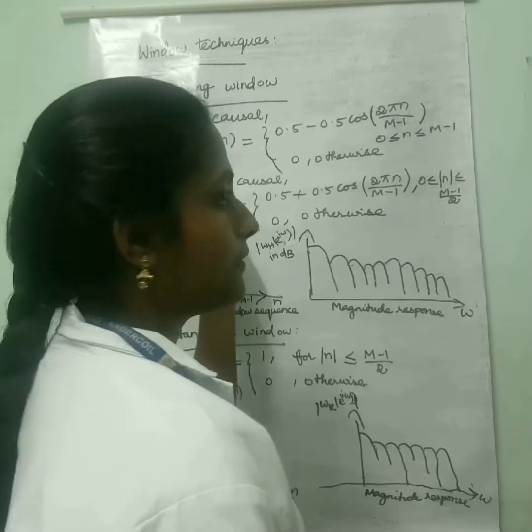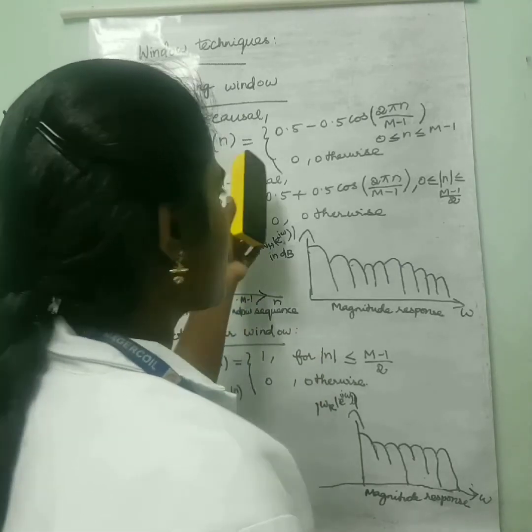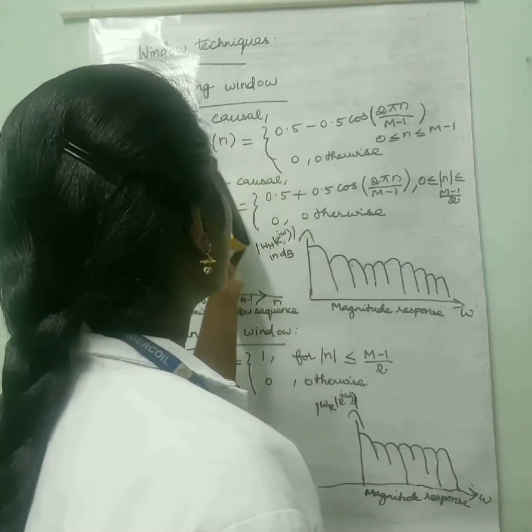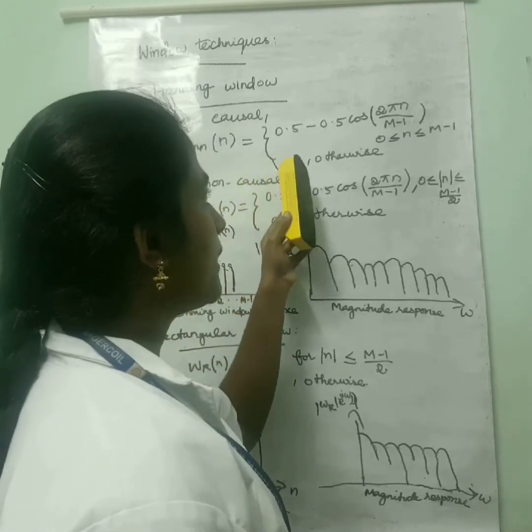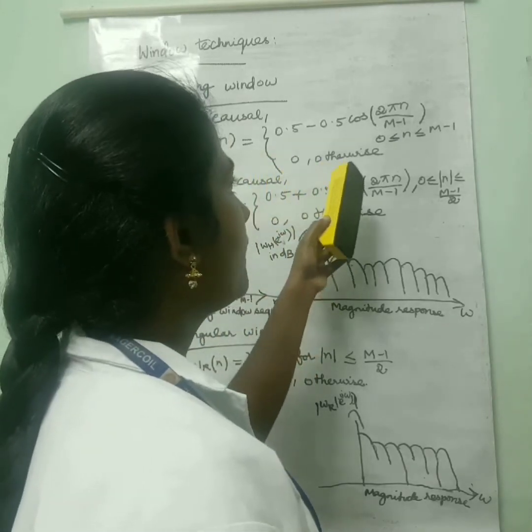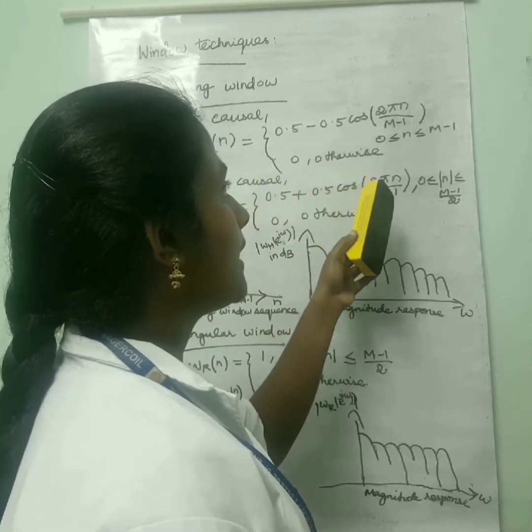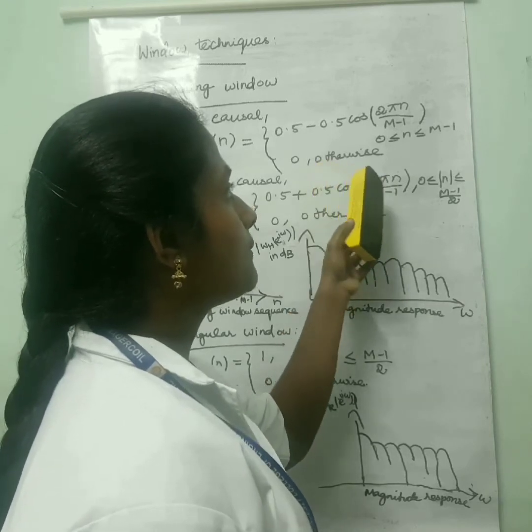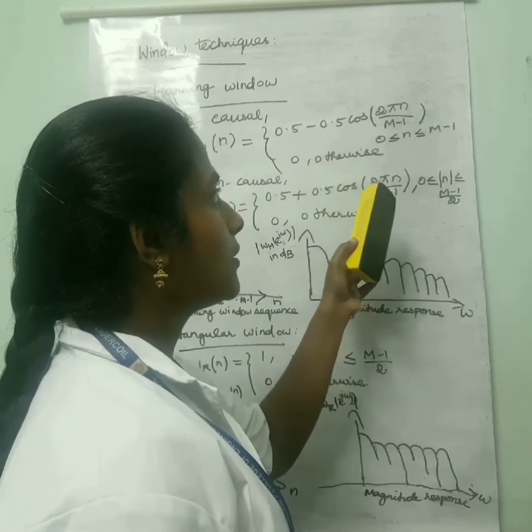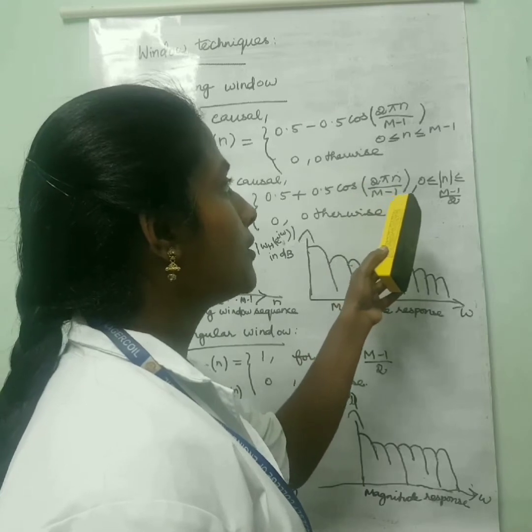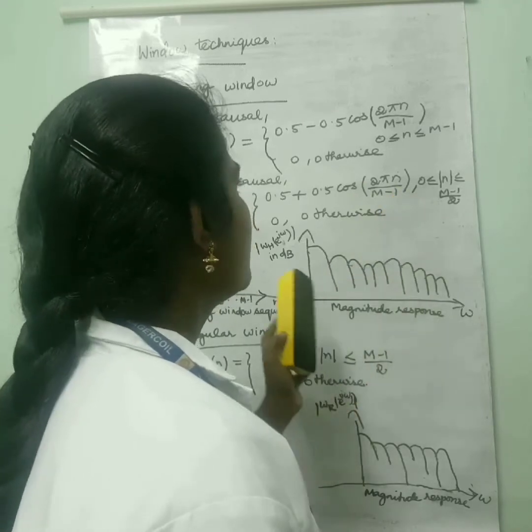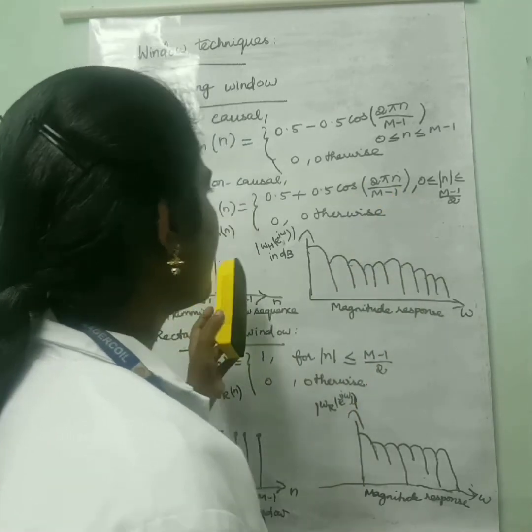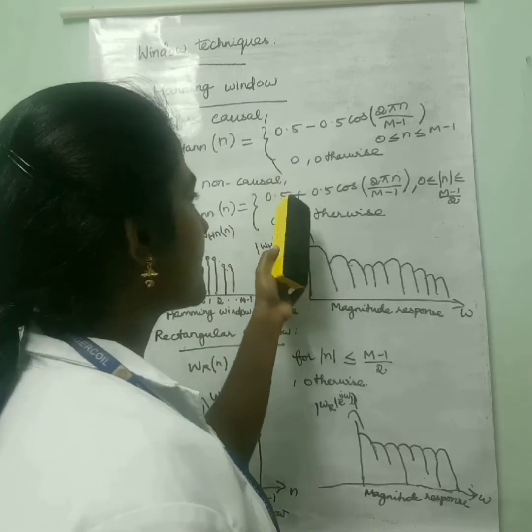For Hanning window function, we have the formula for causal filters w(n) equal to 0.5 minus 0.5 cos(2 pi n divided by M minus 1). Limit is from 0 less than or equal to n less than or equal to M minus 1. And for non-causal filter, we have this minus sign only changes.